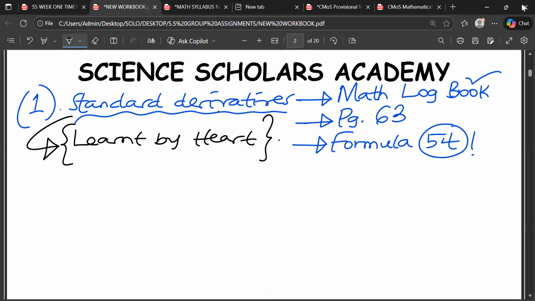So we are going to have our simple table where we are going to have the function and its derivative, the function and its derivative.